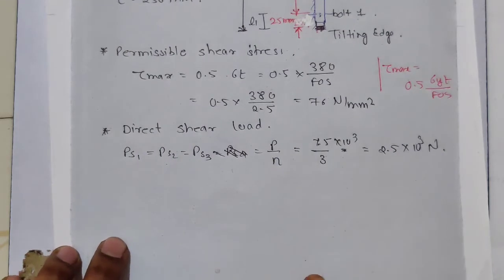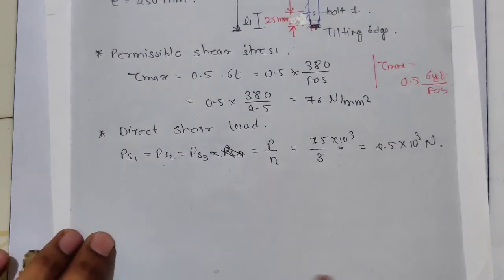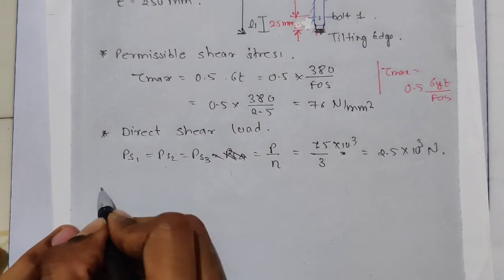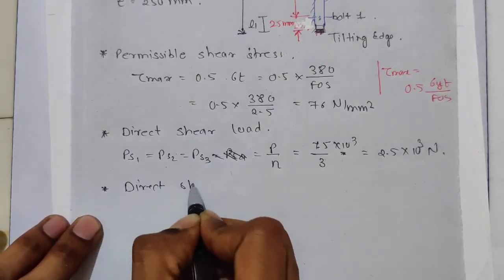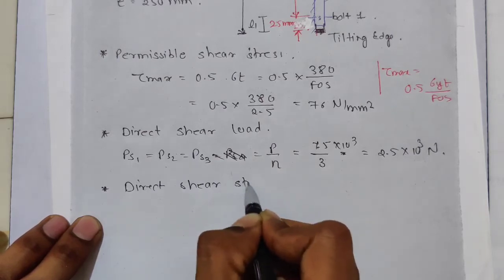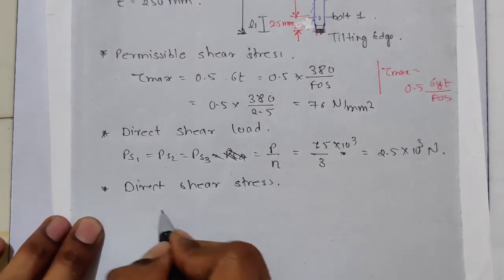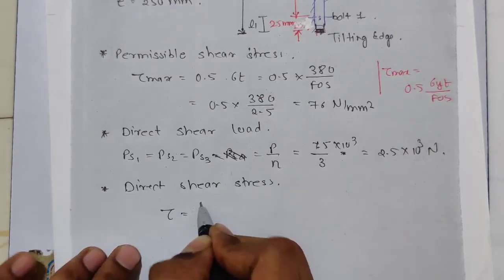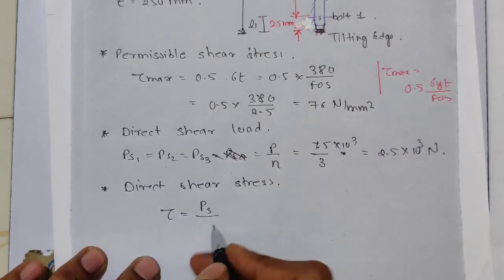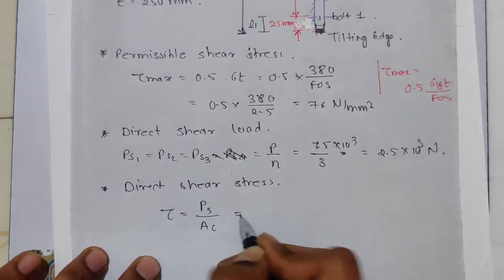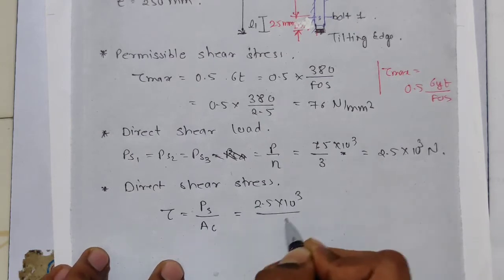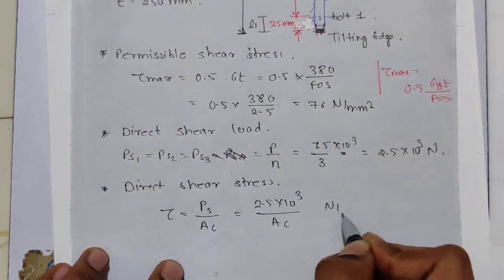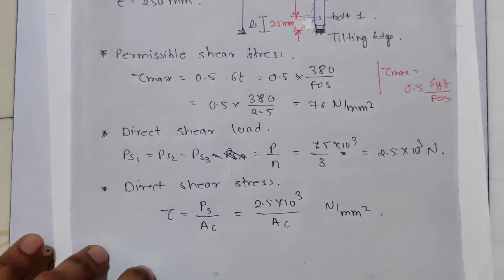Now with this we also have to find primary shear stress, the direct shear stress. So tau is equal to primary shear load Ps upon cross section area. So it will be 2.5 into 10 raised to 3 divided by Ac Newton per mm square.